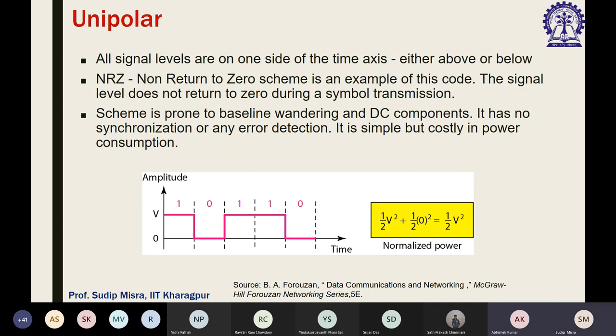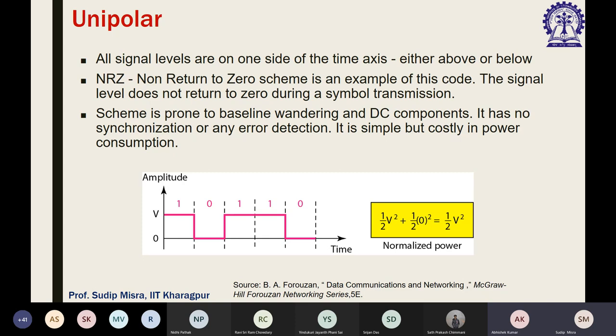And if the receiver's clock is out of synchronization, these points can reset the clock. Okay, so these are the three different things that we'll encounter in the rest of the encoding schemes as well.